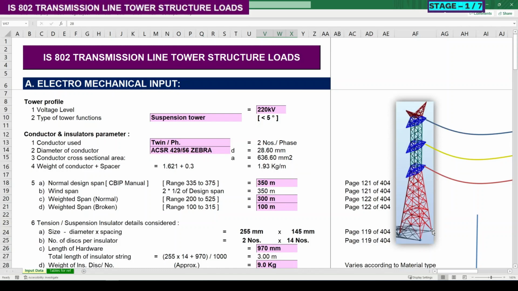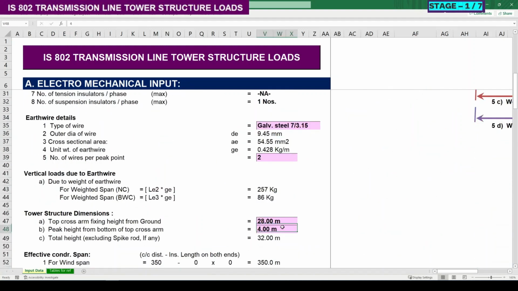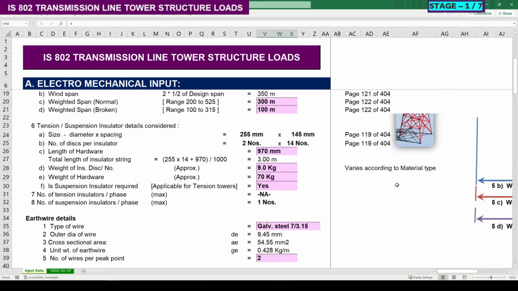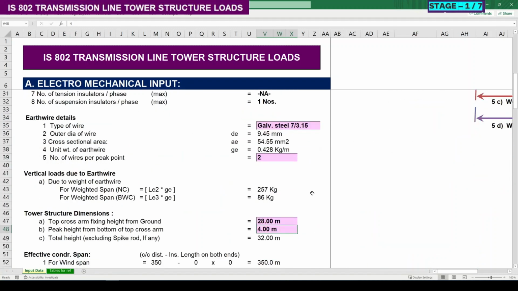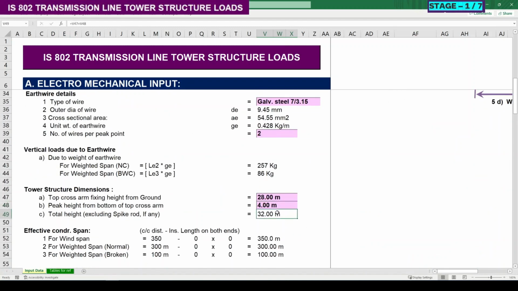From this node point to this blue color conductor fixing, this is the top cross arm, up to here it is 28 meter. And the peak height from the bottom of the top cross arm, from the blue color conductor fixing point to the earth wire fixing point in the peak, is mentioned as 4 meter. Adding this, it is 32 meter, which is the total height excluding spike rod if any.